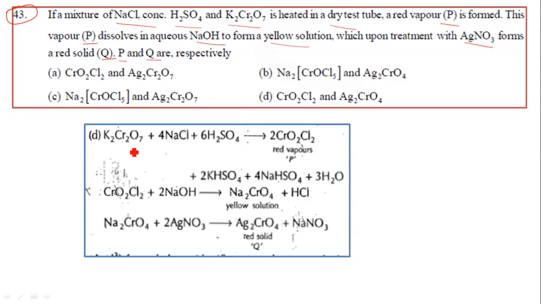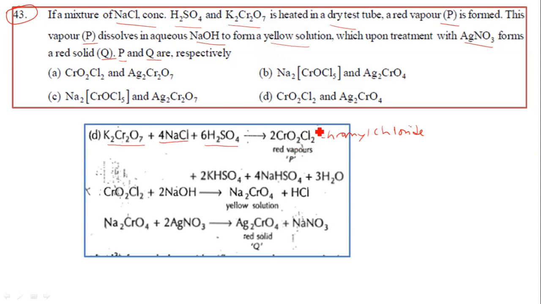Listen. Now potassium dichromate on treatment with sodium chloride and sulfuric acid gives chromyl chloride. Orange red vapors of chromyl chloride, CrO2Cl2, are formed.